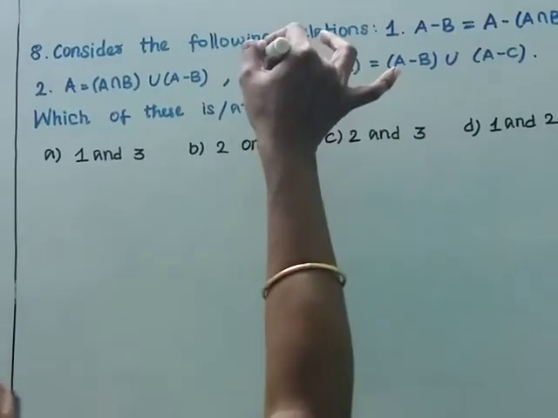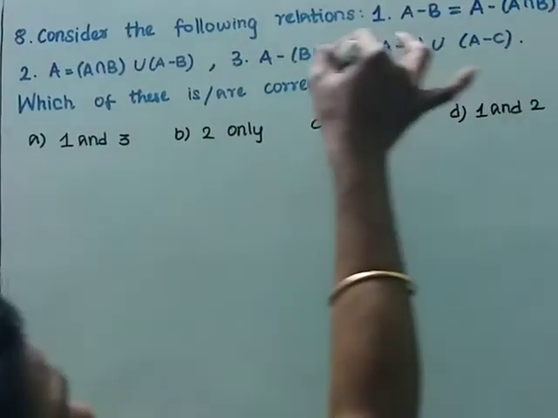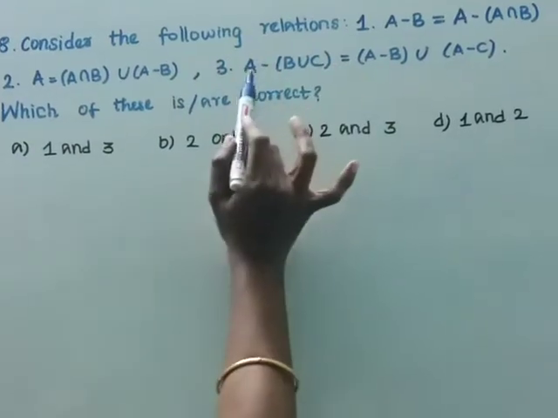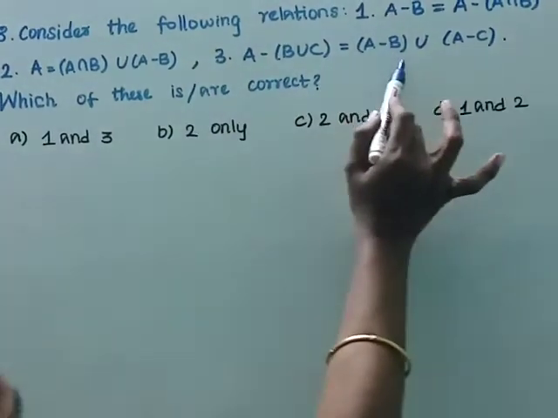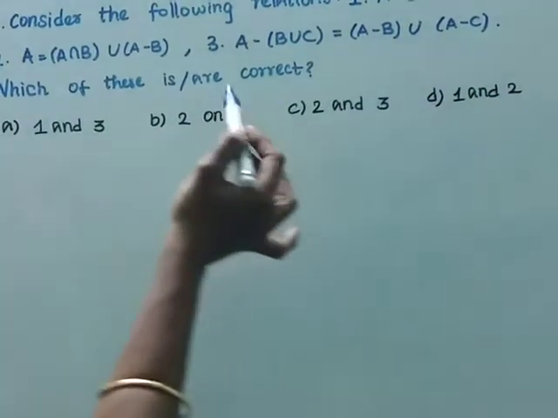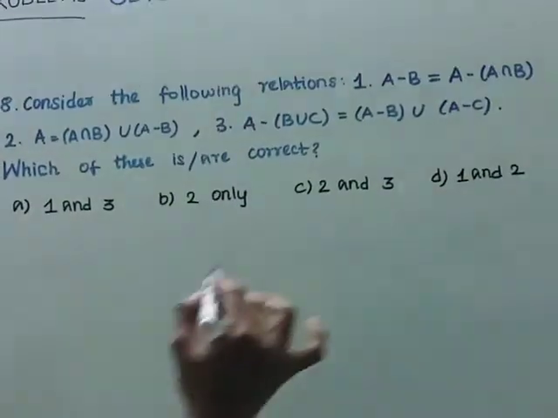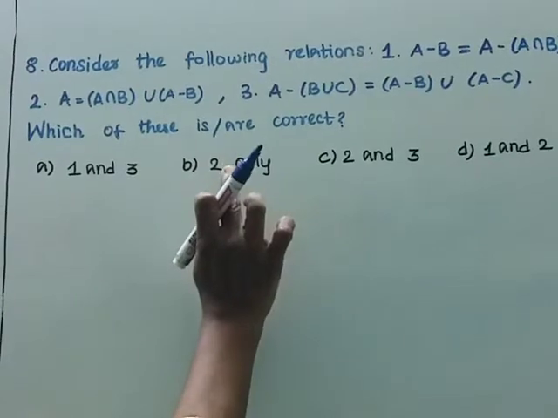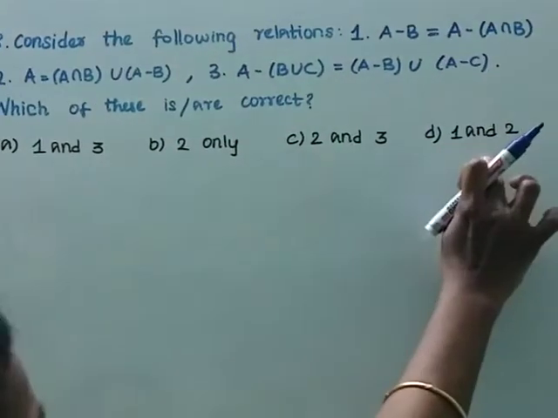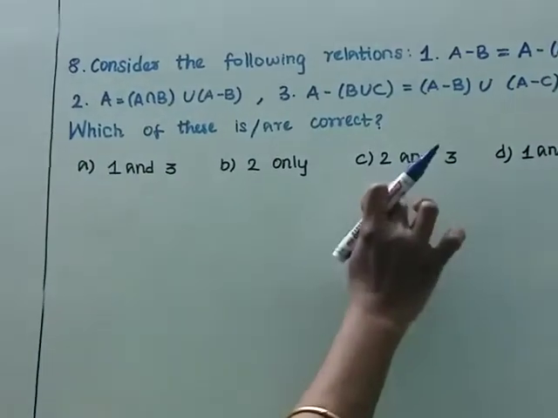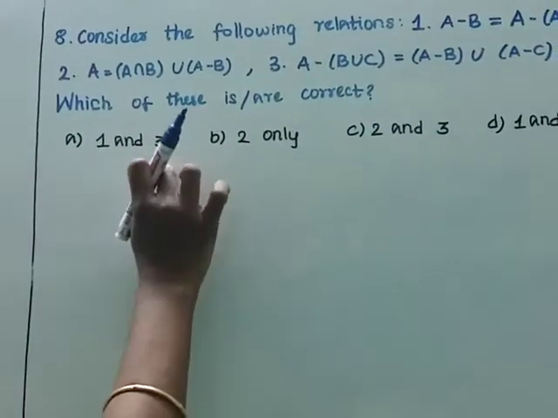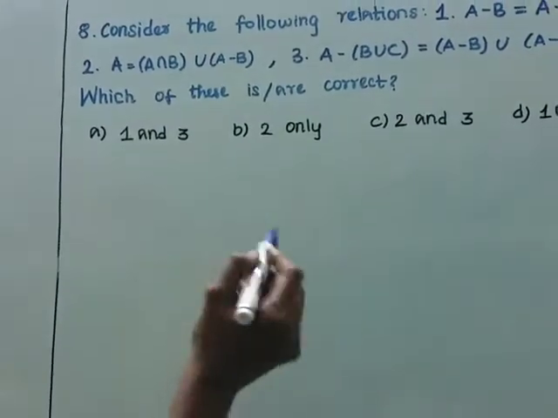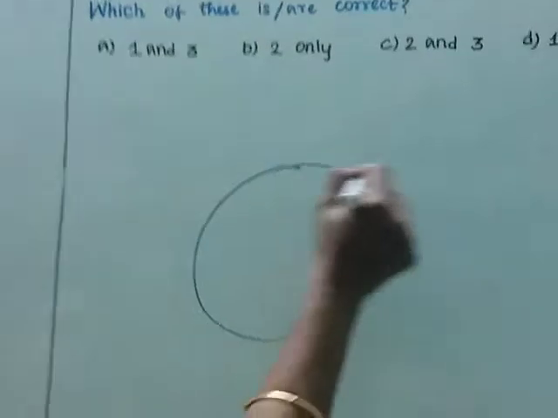From the third relation itself we can find it is wrong, because by De Morgan's law for set difference, A minus (B union C) is equal to (A minus B) intersection (A minus C). So you have to check only the first and second. The third is wrong. So the answer will be either 2 only or 1 and 2. The first choice and third choice never will come because they include the third relation. So now I am going to draw the Venn diagram.